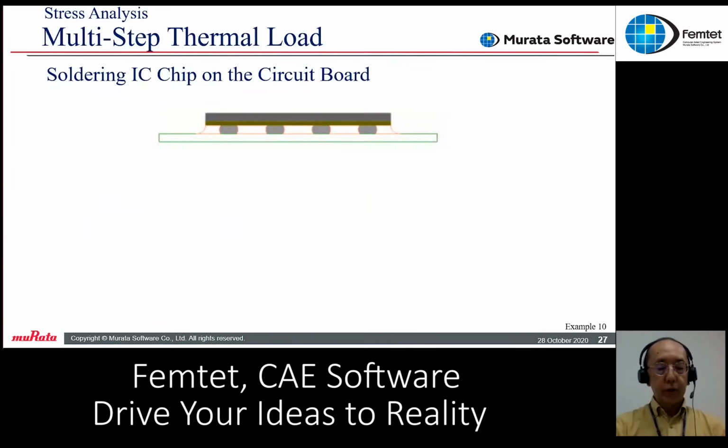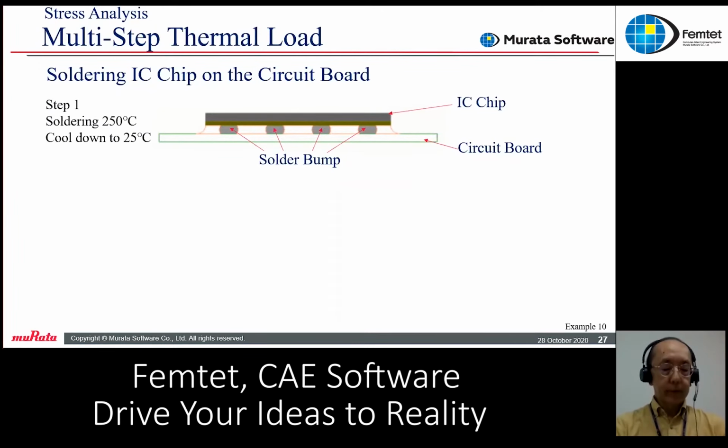Now, I would like to show you a multi-step thermal load analysis. You can take into account the temperature change over the time steps. This is a soldering process of an IC chip on a circuit board. Circuit board, IC chip, and solder bumps. Step 1.